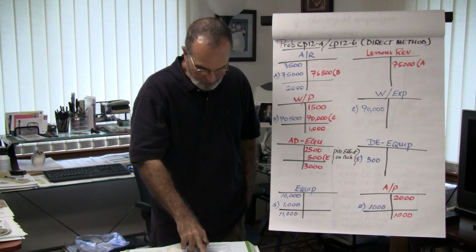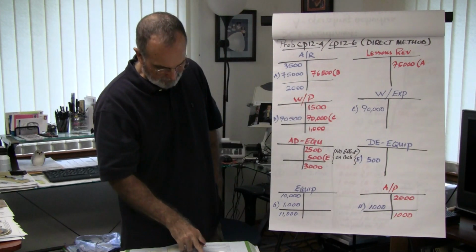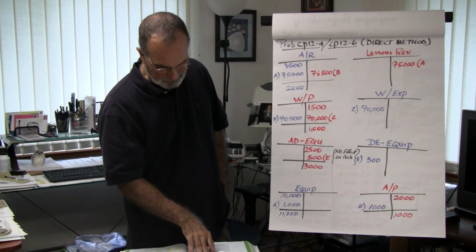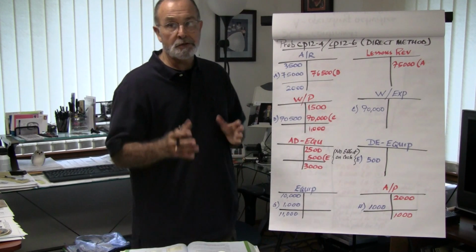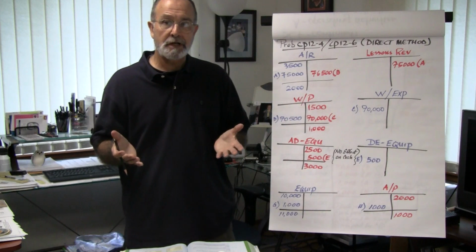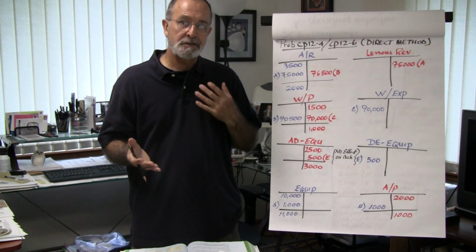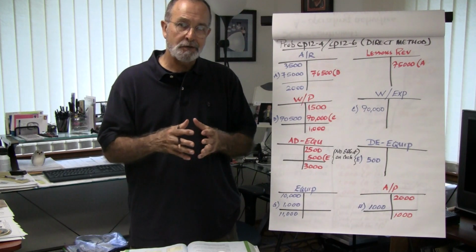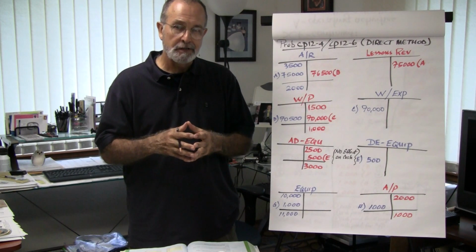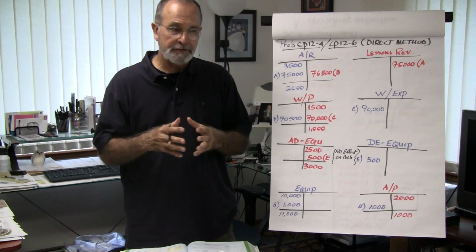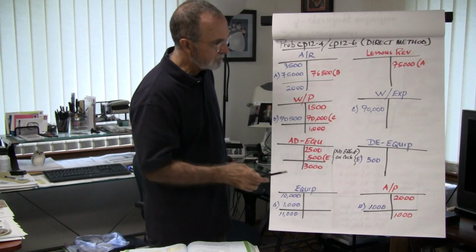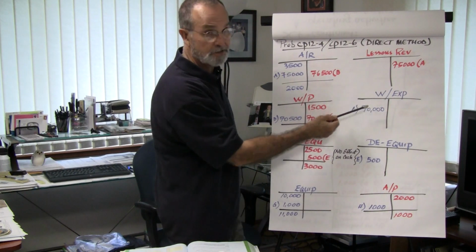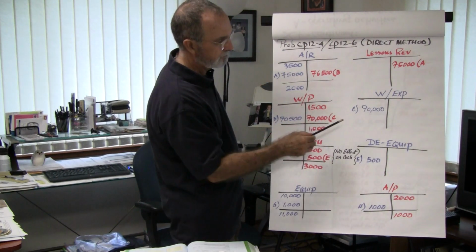Wages expense was $70,000. And if we look at the balance sheet accounts, we see that we have a wages payable account. So relationships of accounts: wages expense, wages payable, those two accounts, anytime there's a wage transaction, will be affected. So we need to show wages expense, and this comes from our income statement information.